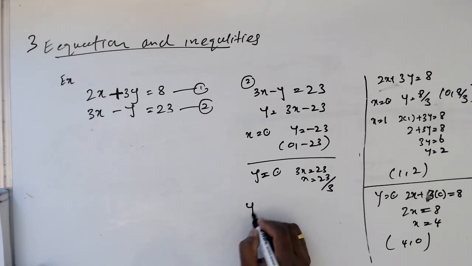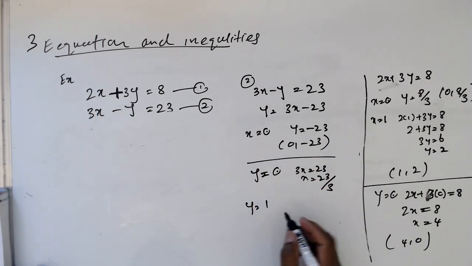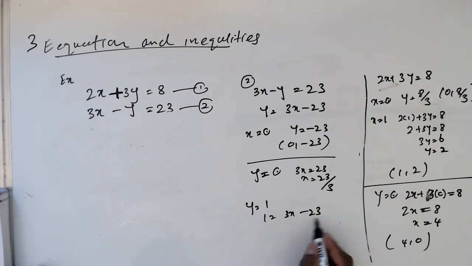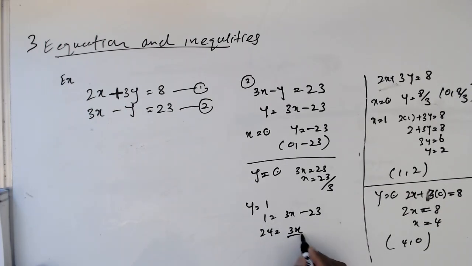How about y equals 1? Then 1 equals 3x minus 23, so 24 equals 3x. Divide by 3, x equals 8. That's a good one. So (8, 1) is another point.